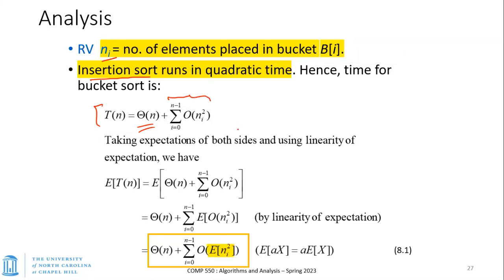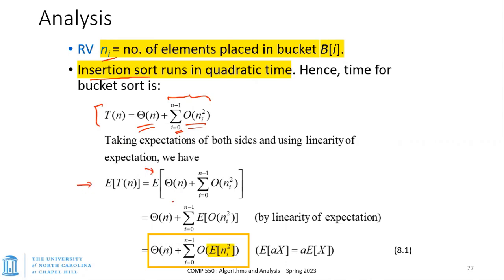And the time to do the sorting will simply be, for each one of those buckets we need to do a sort. Okay, so we're going from bucket 0 to bucket number n-1, and each one of those is going to take order of n sub i squared, just as we just agreed. Okay, because n sub i is the length of each one of those buckets. And so next, instead of a worst case analysis, we're going to do an average or expected analysis. Okay, we're going to take expectations on both sides.